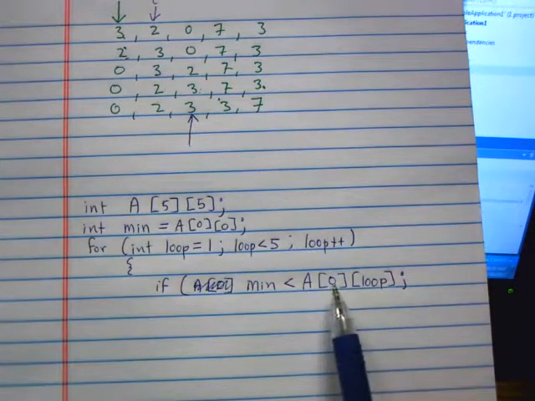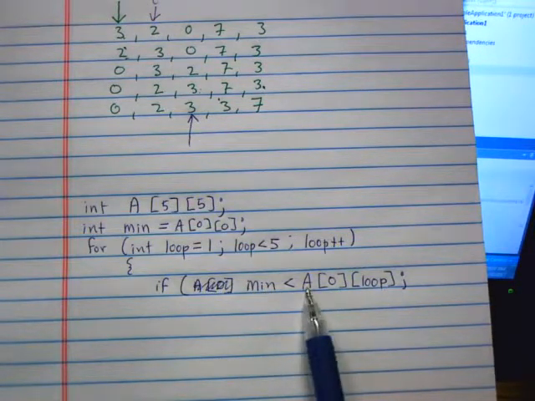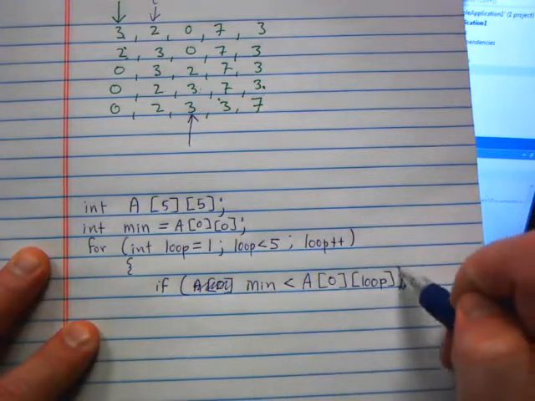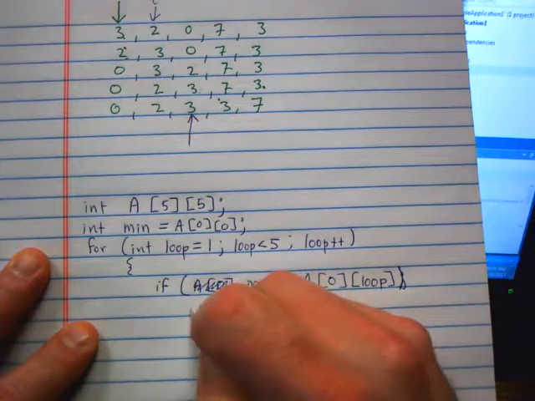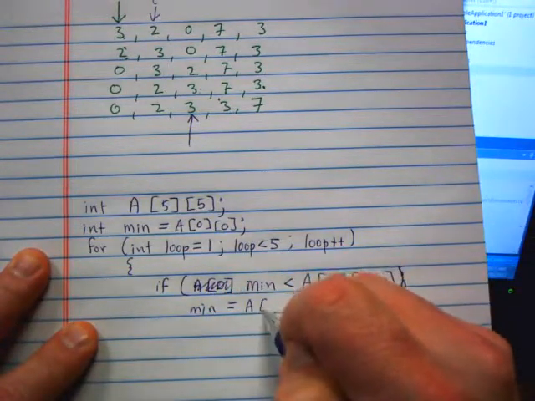In the first column, the first coordinate is always 0. So I don't ever need to change the first column, the first coordinate, only the second one. So if min is less than the spot we're checking, then save it, right? Oops, that's going to go in there, bracket. Min equals a at 0.